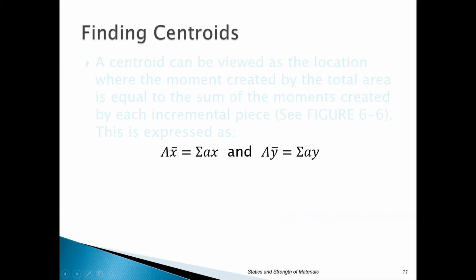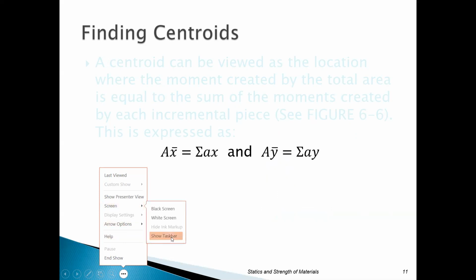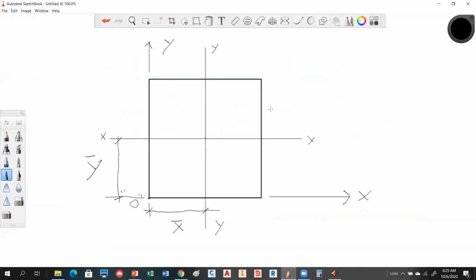So again, let's take a picture over here, show you this real quick. The reality is that it's not going to be that tough to actually have to deal with that, but let me clean this up a little bit. So what we're saying is if this is our centroidal axis, and you've got a little piece out here, I'm just going to put it right there.